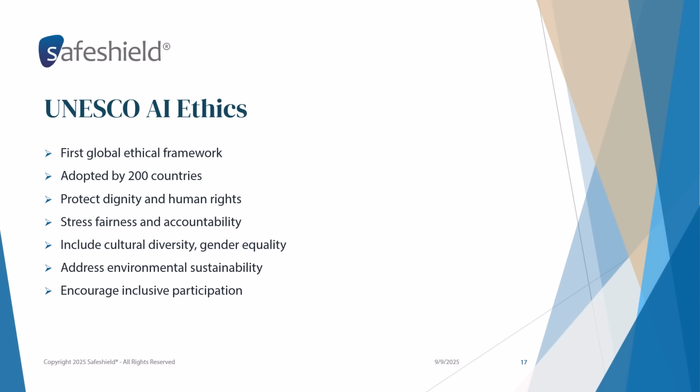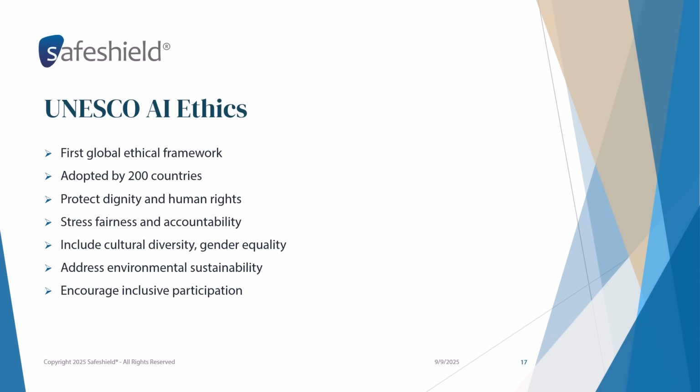For organizations, the framework provides a broad ethical lens to complement technical and legal standards. It encourages inclusive participation, meaning diverse voices should be involved in designing and deploying AI. It also promotes global solidarity, reminding us that AI should narrow digital divides rather than widen them, and that its impact reaches across borders and requires international cooperation.